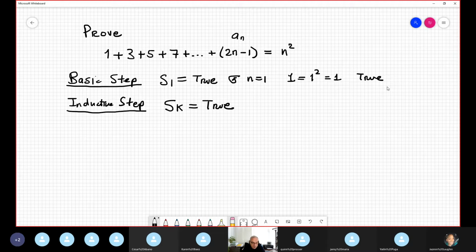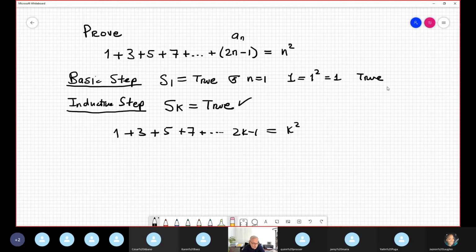In other words, I write again my problem: 1 plus 3 plus 5 plus 7, up to 2k minus 1, equal k squared. So the only thing I did was replace n with k. I assume that this is true.